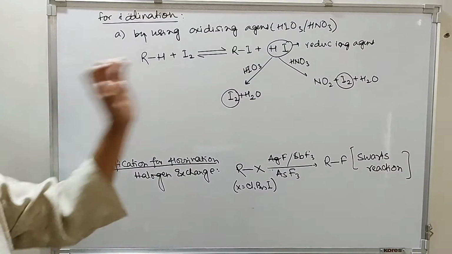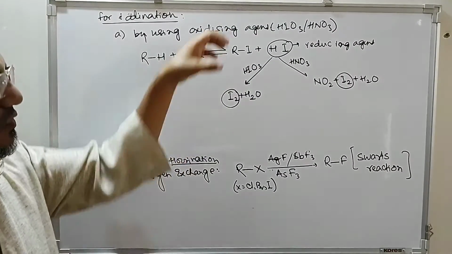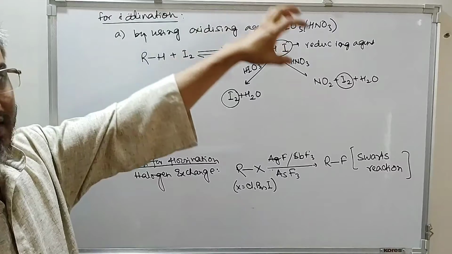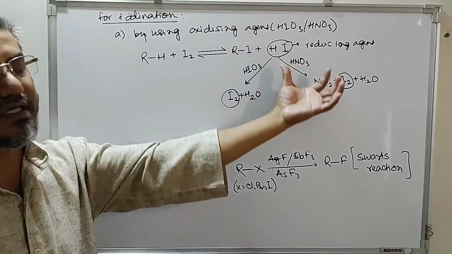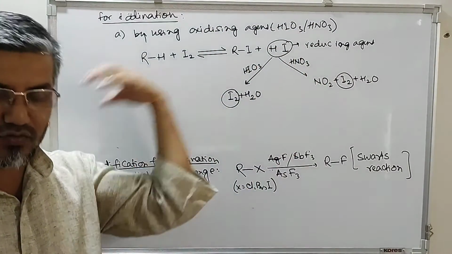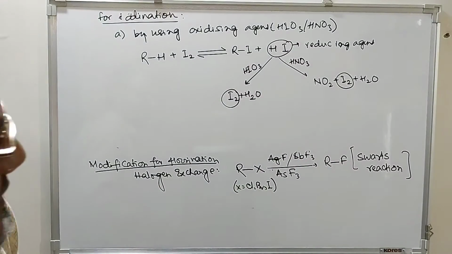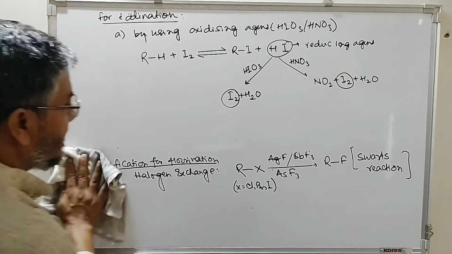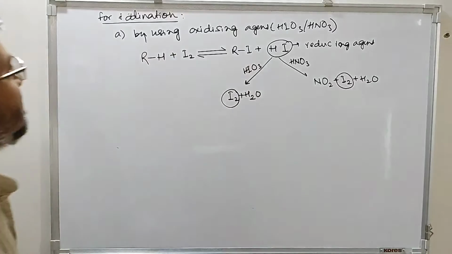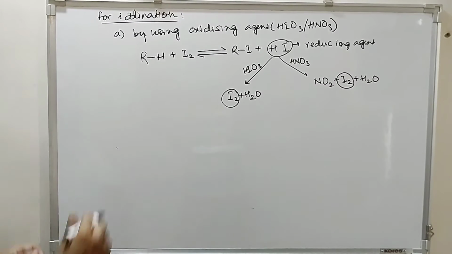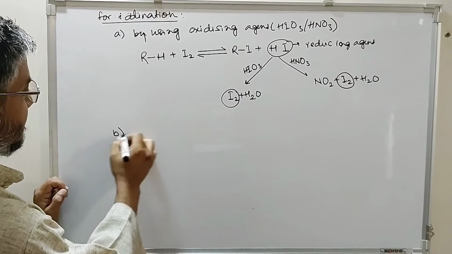So whenever we carry out iodination of alkane, we always use some oxidizing agent so that the reducing agent HI is removed and the equilibrium is shifted in forward direction and the quantity of alkyl iodide is increased. The second method for this iodination is halogen exchange.